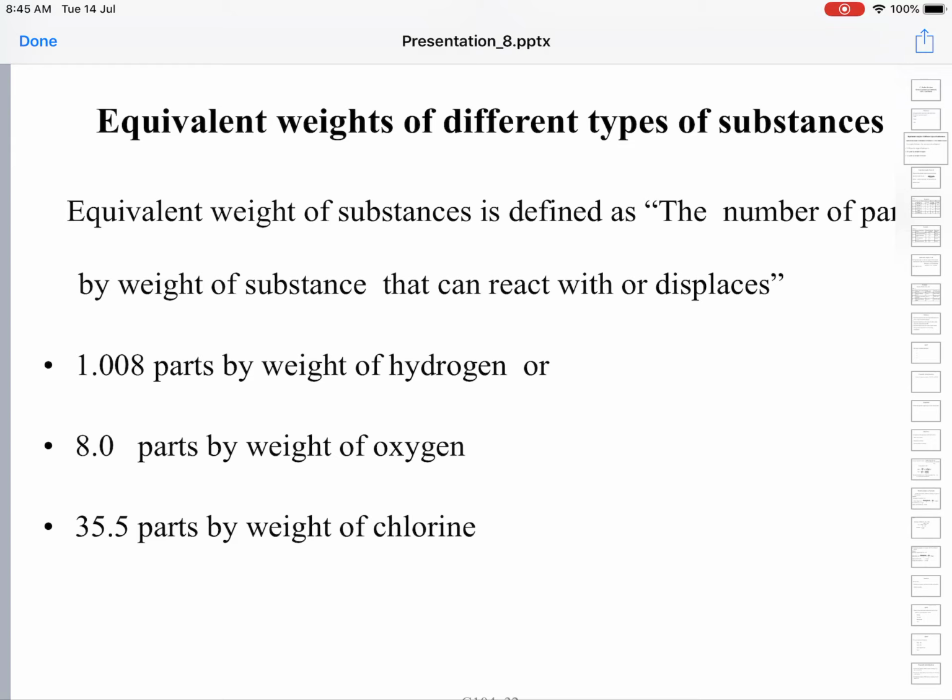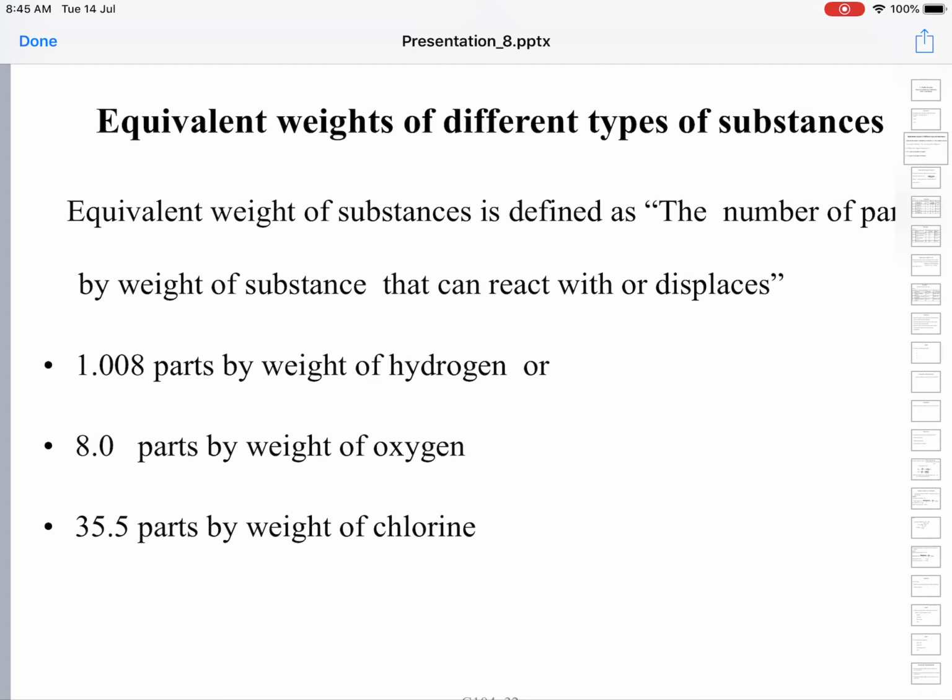For your understanding, you can say it is the quantity of substance that reacts with 1 gram of hydrogen, because 1.008 is the atomic weight of hydrogen.